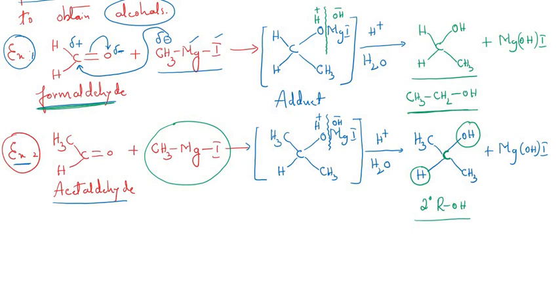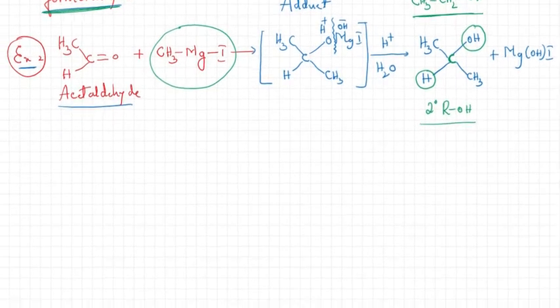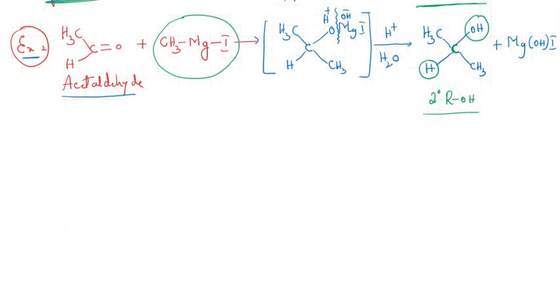I repeat it once again. If you make use of formaldehyde, then you will end up with a primary alcohol, and if you take an aldehyde other than formaldehyde, then our product will be a secondary alcohol. And likewise, if I take a ketone, what would be the situation? We will analyze that right now. So let me take example 3 with respect to a ketone, CH3C double bond O, then CH3.